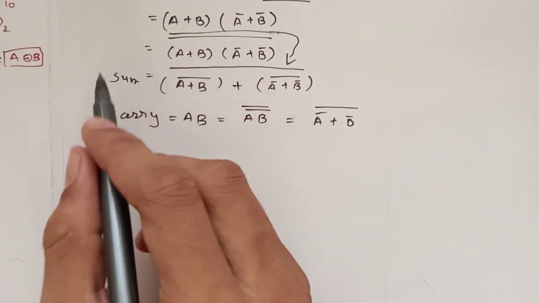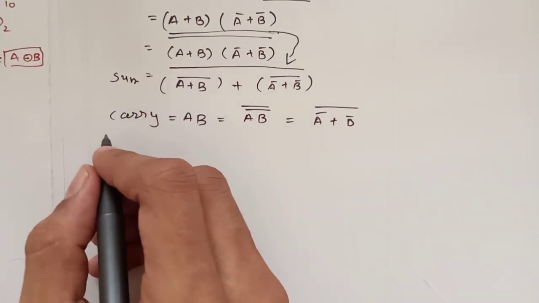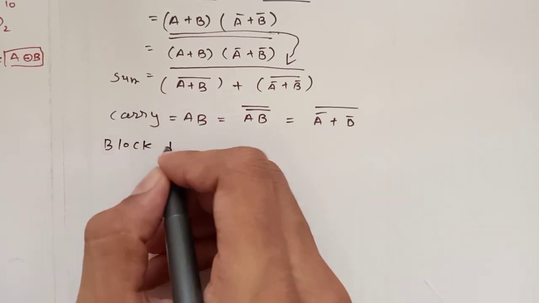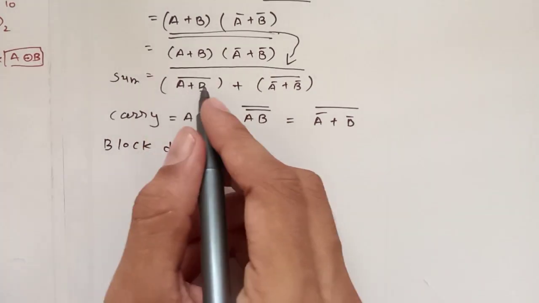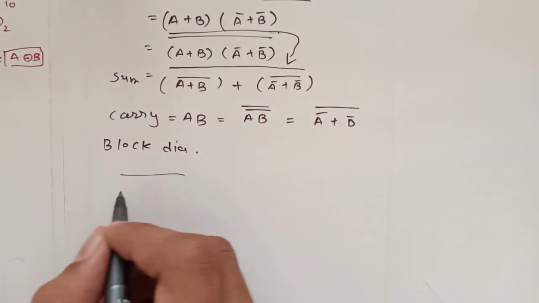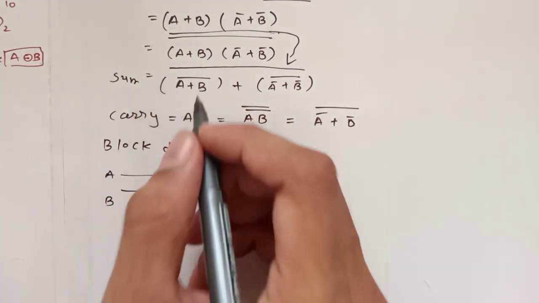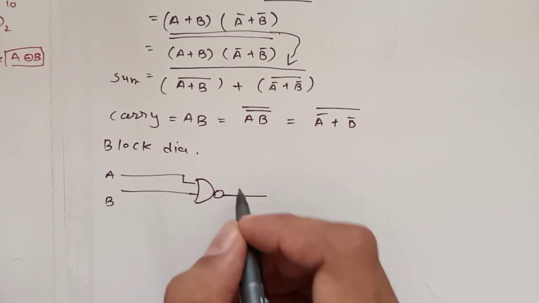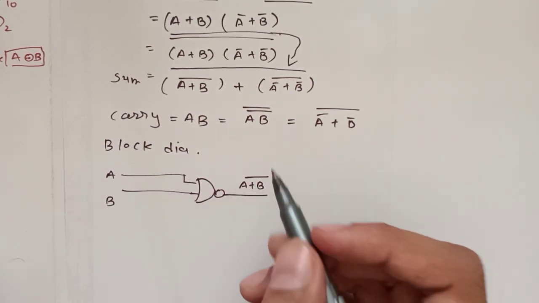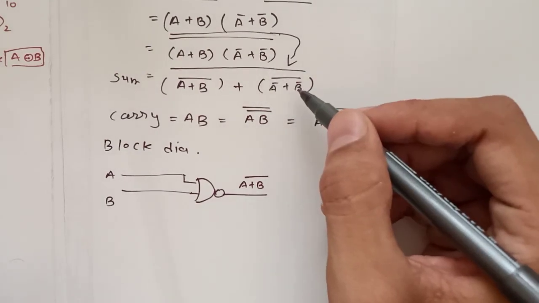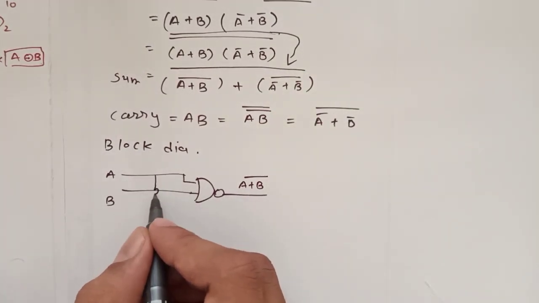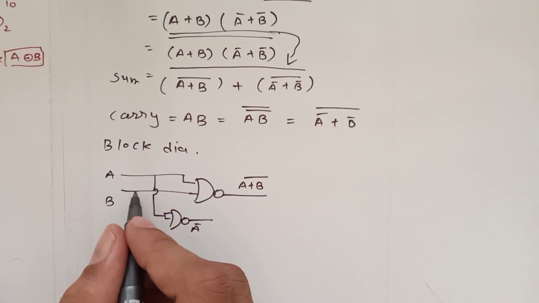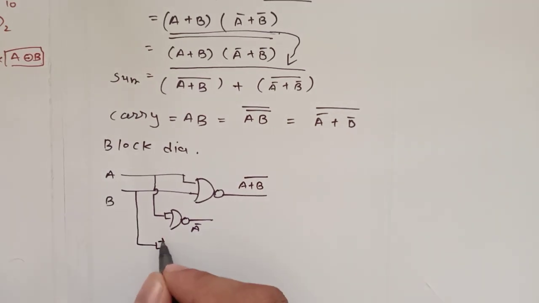Now we have this sum and carry, so we apply this concept in gates and make the block diagram for this sum and carry. So for (A + B)' we use a NOR gate and we get (A + B)'. For the other, (A' + B')', we get A bar in this way, as you know, and in this way we get B bar.